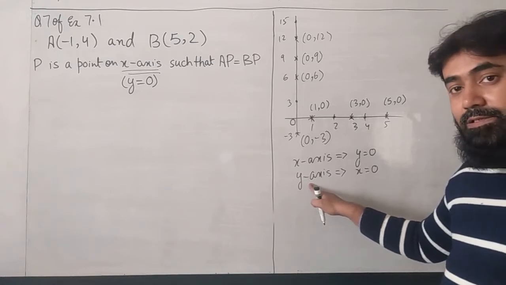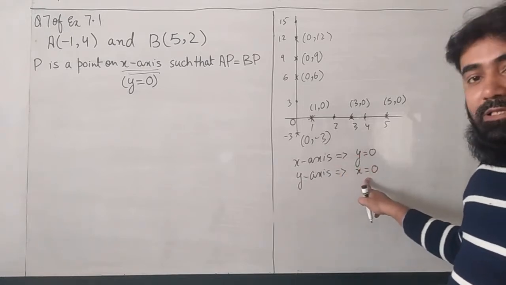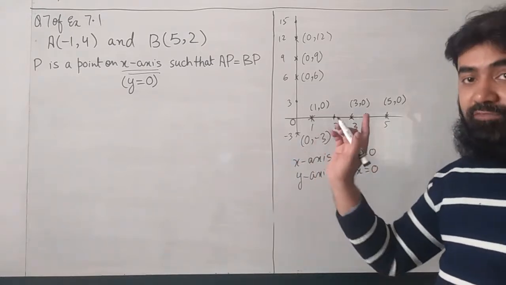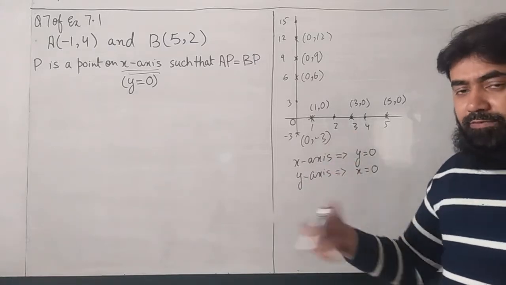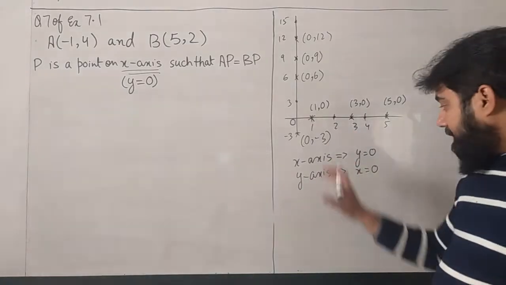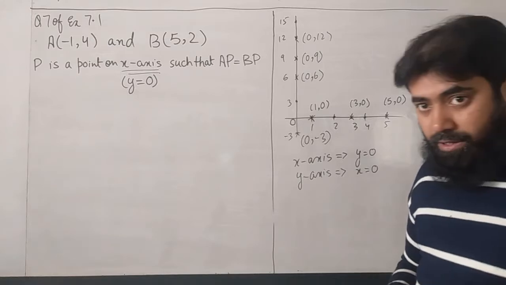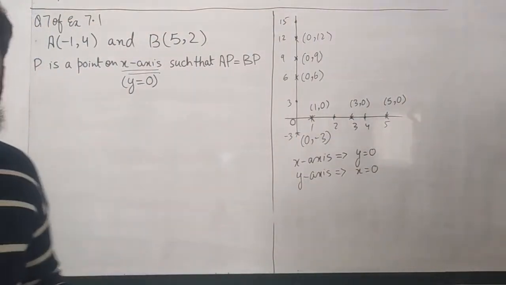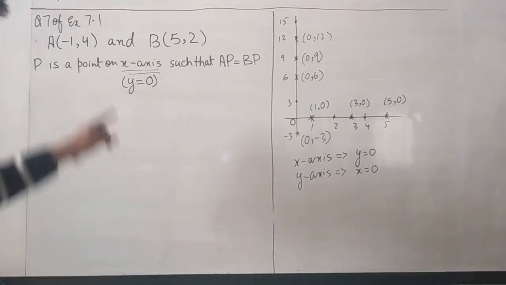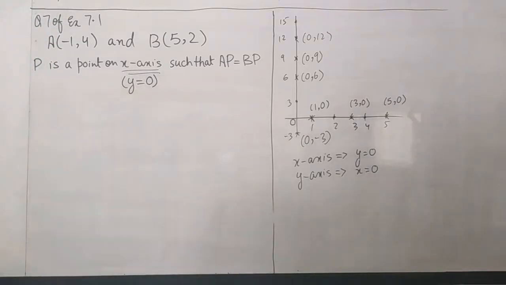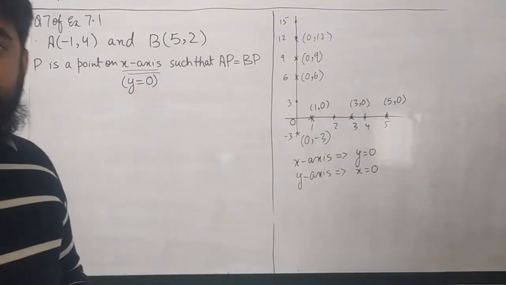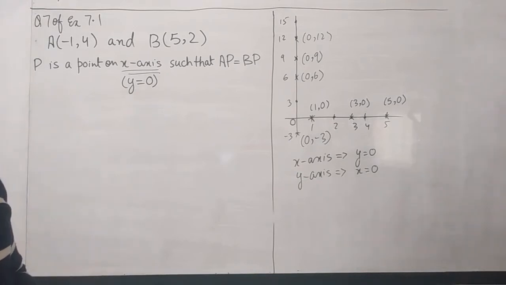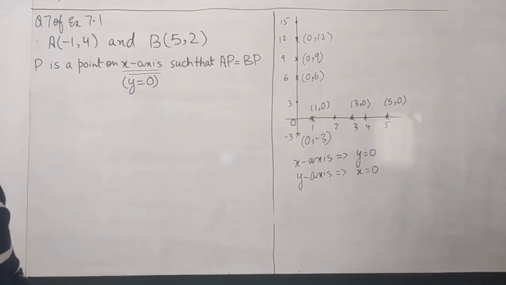On y-axis, x will be 0 and y will have some value, depending on the condition. On x-axis, the value of y coordinate will be taken as 0, and on y-axis, the value of x will be taken as 0.